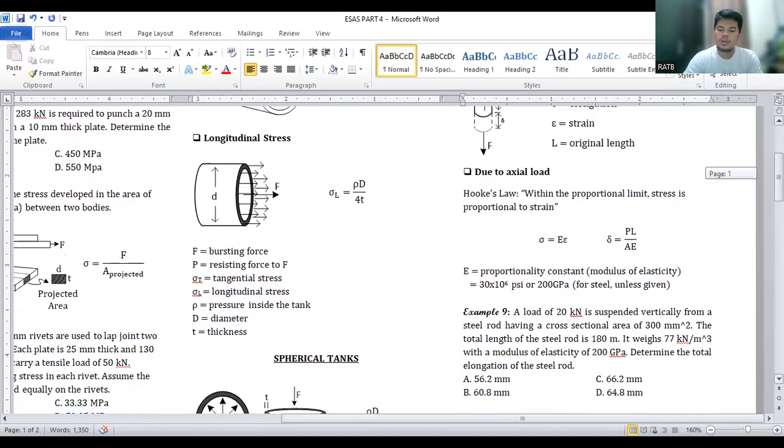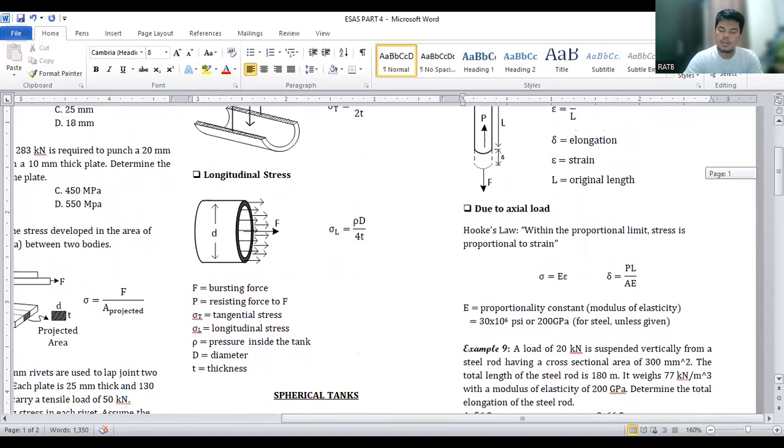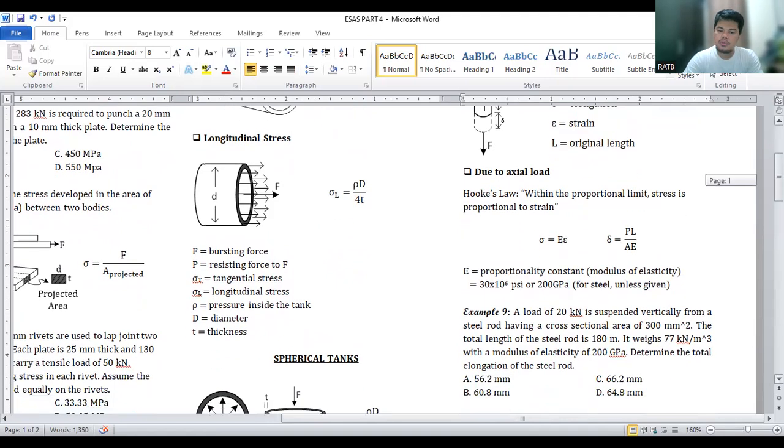So an object may tend to stretch, may tend to elongate, or it may tend to constrict. The first scenario is an object may tend to elongate if an external load is applied.